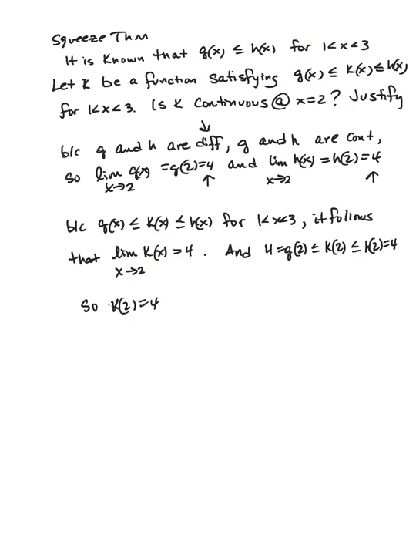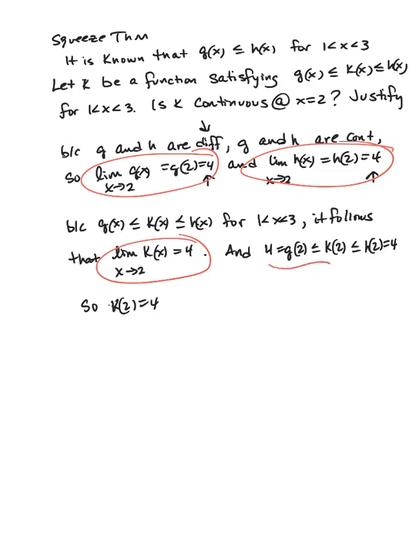Okay, for this other part, remember these limits were both 4. So this limit has to be 4 because it's between g and h. And then you also have the actual values, right? So k of 2 is 4.